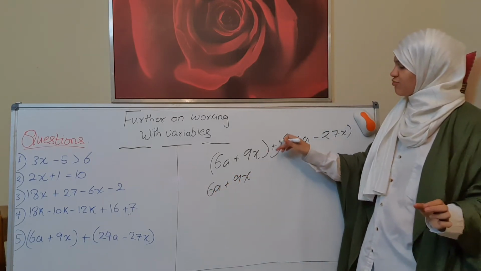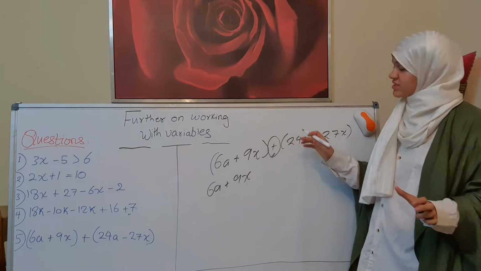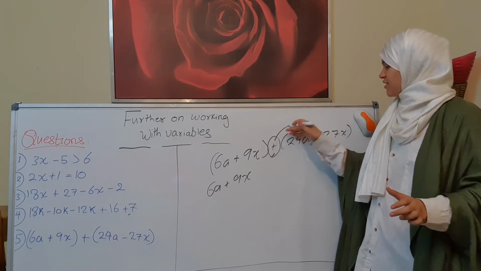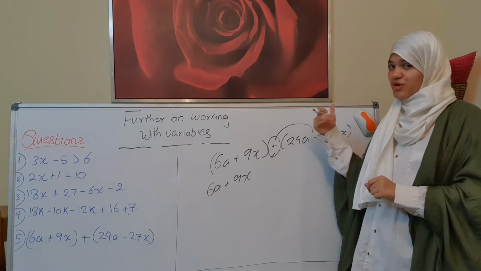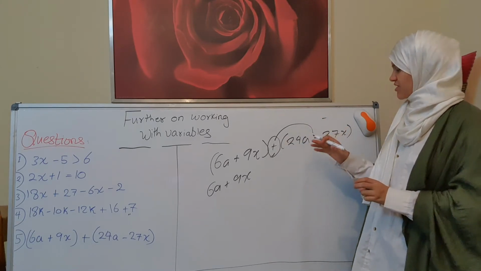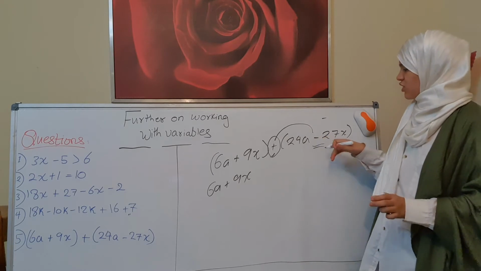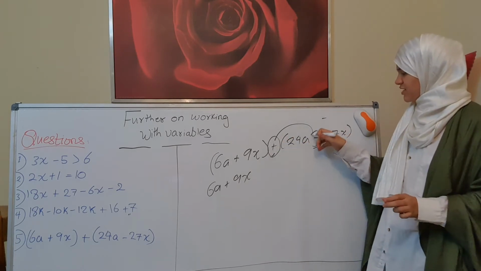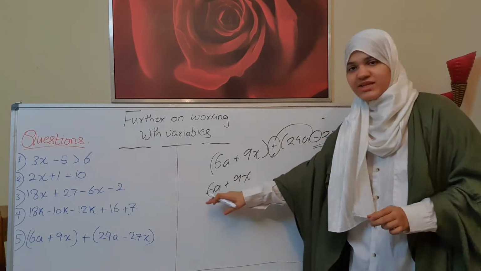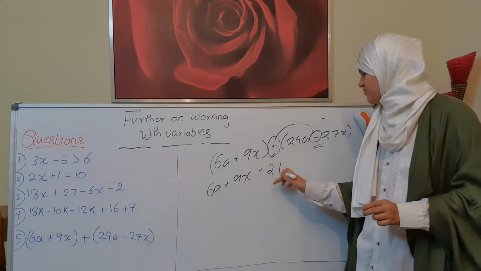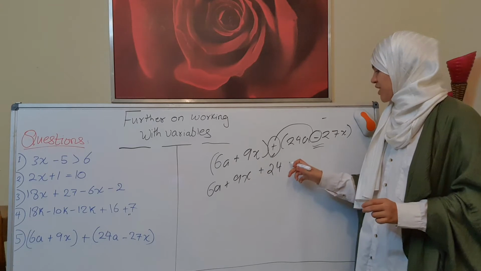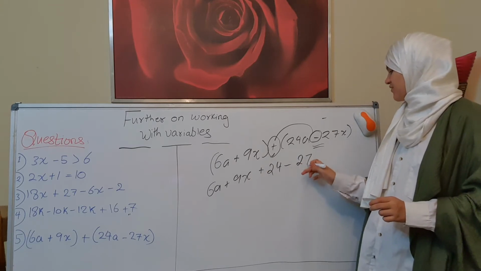But here what we have positive. Yes? Now, positive times negative, negative. Positive times positive, positive. But here what we have only one sign, which is positive times negative, negative. 6a plus 9x plus 24 minus 27x.